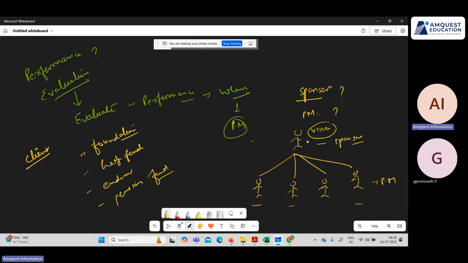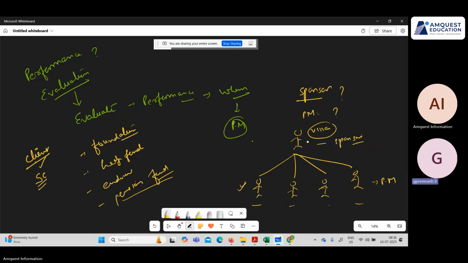So what you said is also right in a way, because if the client is the sponsor and he says, I want you to invest into small cap companies, the client has given a view. But which companies to select, and how much overweight or underweight to give, would be driven by the portfolio manager. So look at it from a client perspective or a pension fund perspective: the sponsor is a bigger person under which you will have individual portfolio managers.